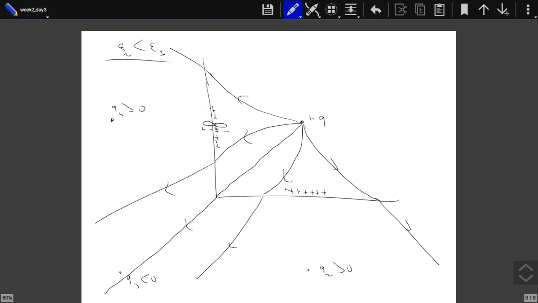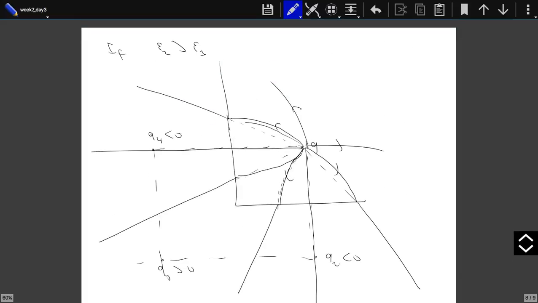What about the other case? In the other case, again, the idea is basically the same. You have these two dipoles adjacent. Now, epsilon 2 is more polarizable.